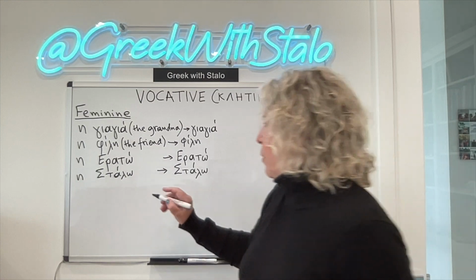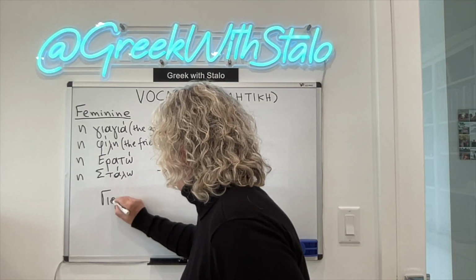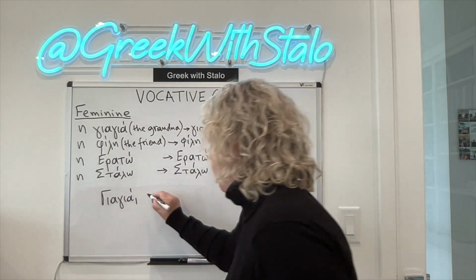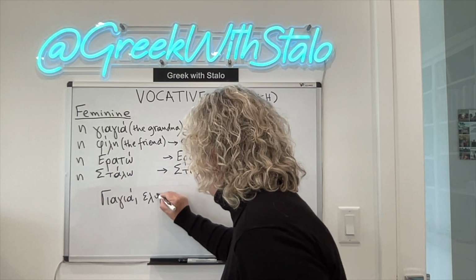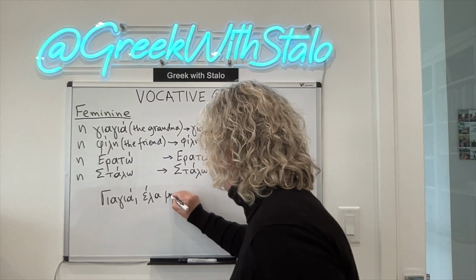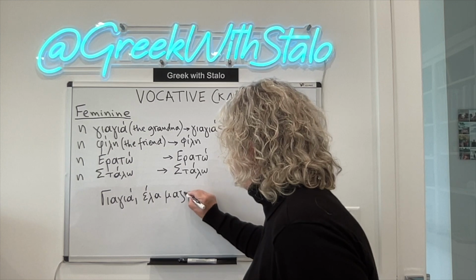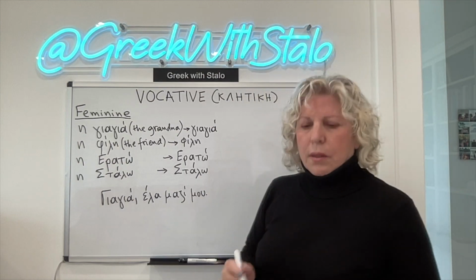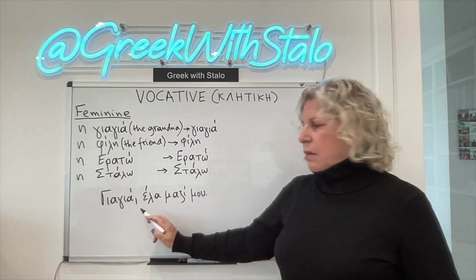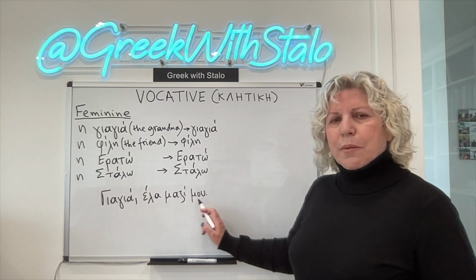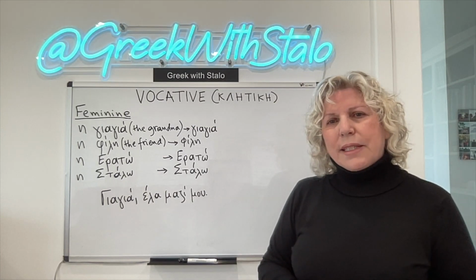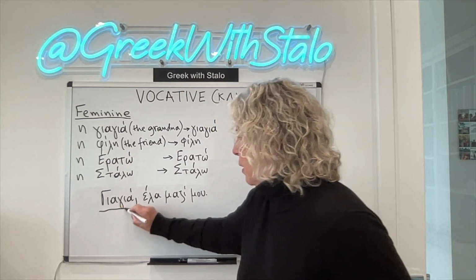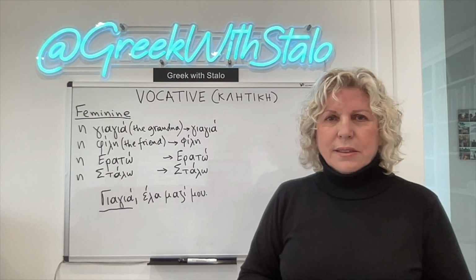Let's look at an example. Γιαγιά, έλα μαζί μου. Grandma, come with me. Γιαγιά is in the vocative case.